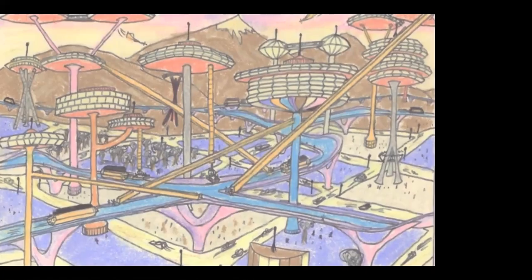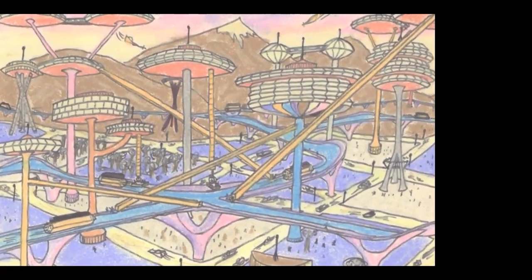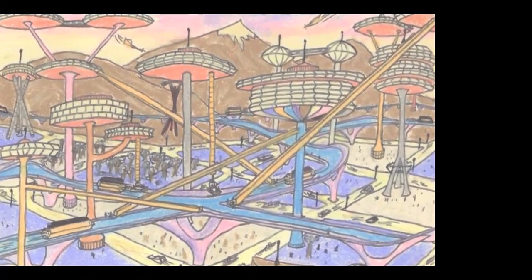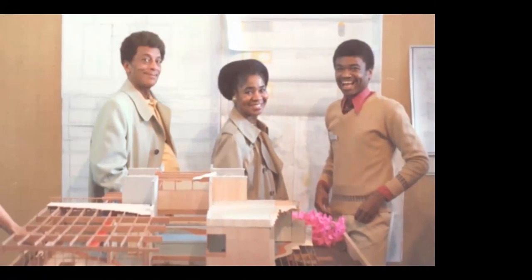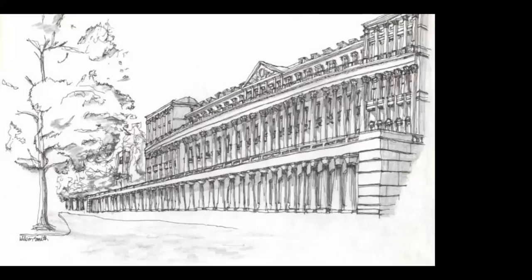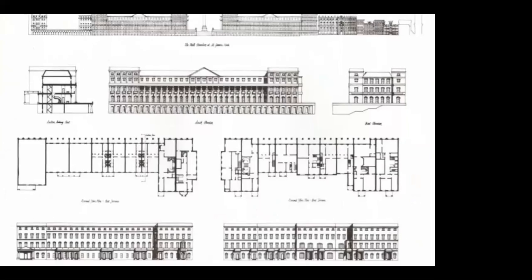This is me playing with building blocks, various drawings, and me growing up as a kid. That's my sister and I. We love the Jackson 5. That's my parents before I studied in Europe.